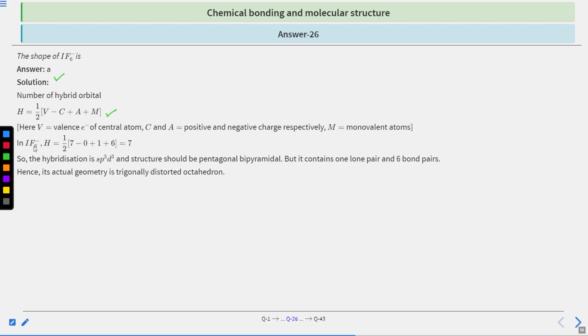So in IF6-, H will be equal to half of 7 plus 6 minus 0 plus 1, coming out as 7. So hybridization is sp3d3 and the structure should be pentagonal bipyramidal, but it contains 1 lone pair and 6 bond pairs. Total pairs are 7. Hence, its actual geometry is trigonal distorted octahedron. So the correct option will be option A.